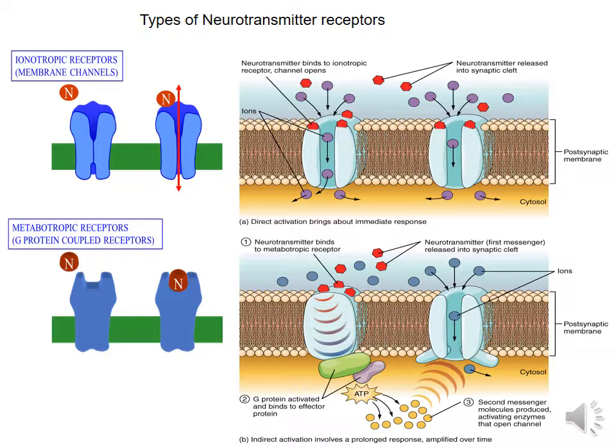Therefore, metabotropic receptors are involved in an indirect activation and are related to a slow synaptic transmission. And we will talk a little bit more about these metabotropic receptors in the next video.